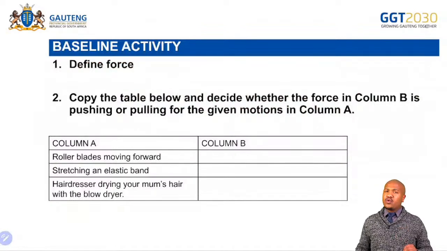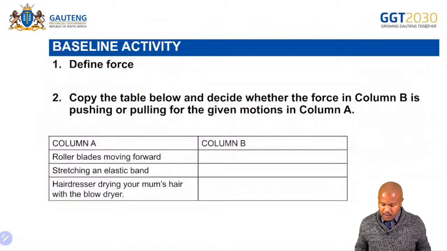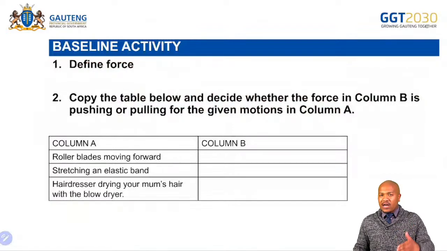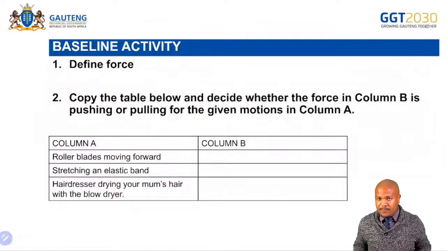Number two says copy the table below and decide whether the force in column B is pushing or pulling for the given motions in column A. The motions in column A are roller blades moving forward, stretching an elastic band, and a hairdresser drying your hair with the blow dryer. For number 2, you need to draw the table. I'm going to give you 5 minutes to complete this activity, then after that we shall meet and mark together.